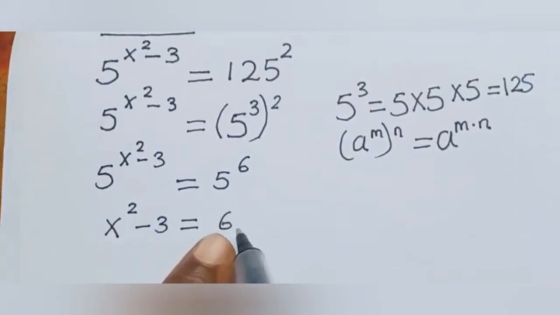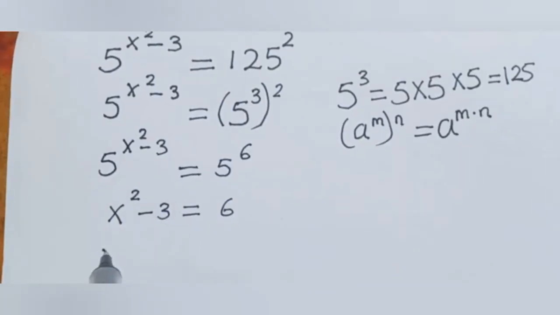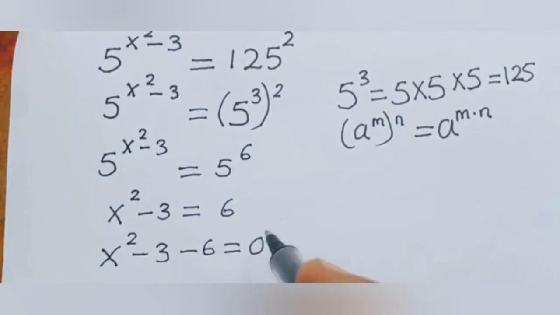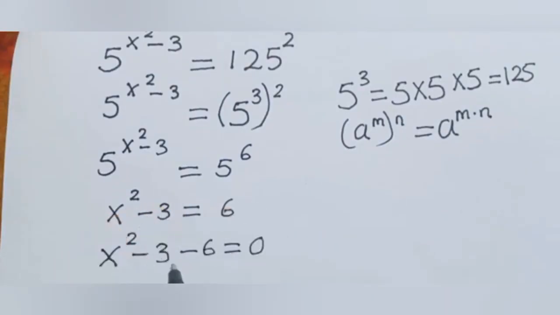Then shift this 6 from the left hand side to right hand side. We have x squared minus 3 minus 6 equals 0, because once we shift positive 6 to the left hand side, its sign is going to change. That's why here we have negative 6.